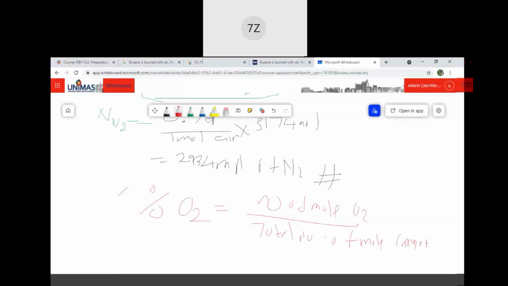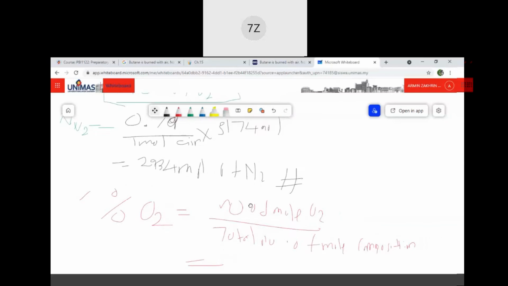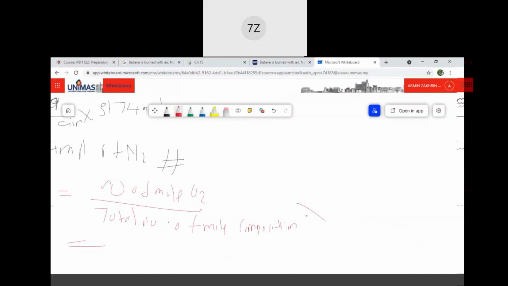So you add up all the moles of all the products. Then you get the answer for the percentage, and don't forget to multiply with 100% to get the percentage.